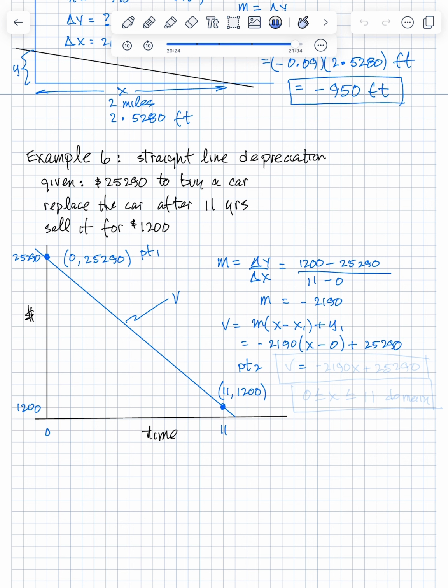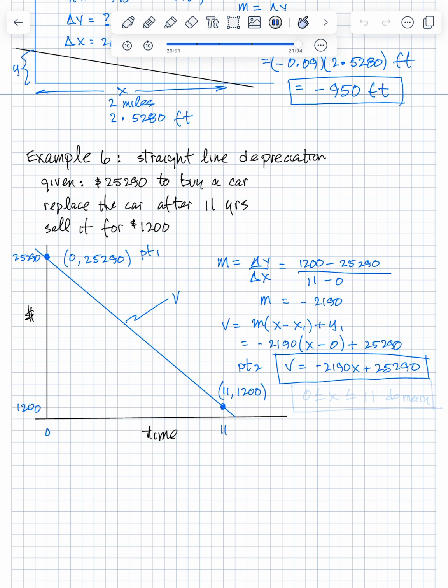So it's equal to negative 2190x plus 25,290. That's V.